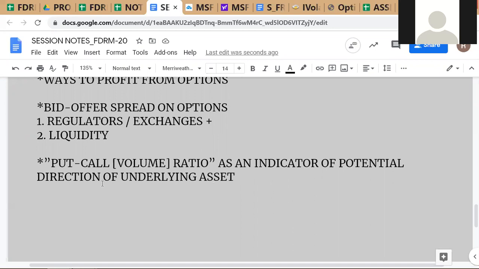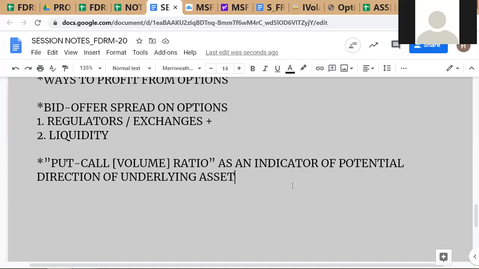So the short answer to Siddharth's question is that this information you can get from the exchanges. What is the ratio of put volume versus call volume? And this is actually what is called a contrarian indicator.